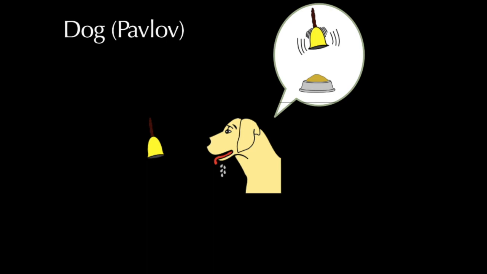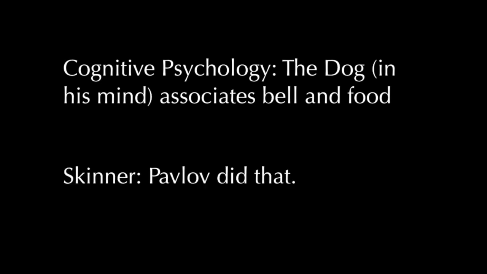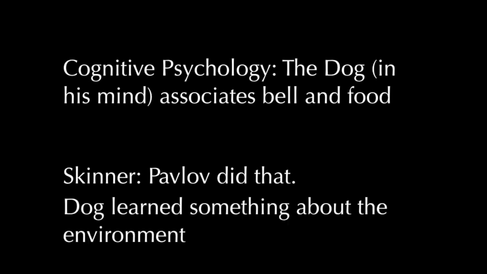Here, cognitive psychologists posit something that exists in the mind of the dog. Skinner points out that they say the dog in his mind associates the bell and food. But the fact is that the dog's mind didn't associate those two things. Pavlov did. The experimenter associated the bell and the food. Those things are associated in the environment. And the dog detected that association. The dog learned something about the environment.